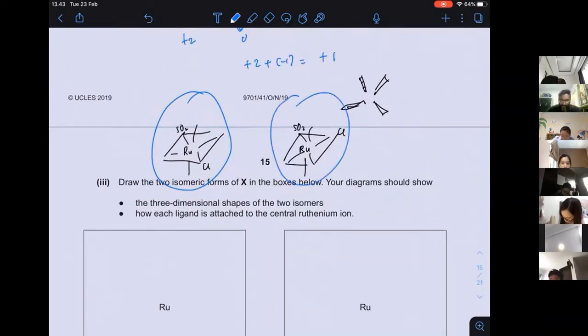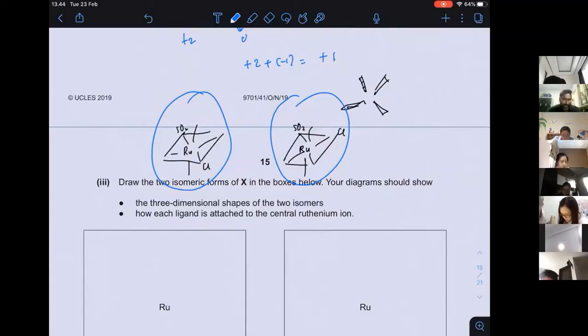I'm still wondering how do I show this? I have 4 ammonia. How do I show, using 4 ammonia with SO2 and Cl, the isomer over here? The one that I can think of is cis and trans. So how do I show cis and trans?